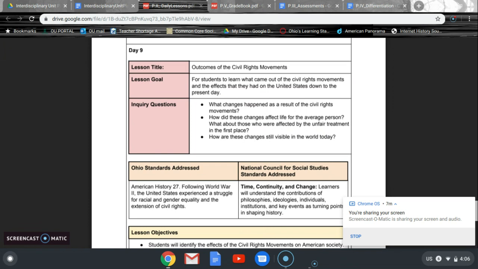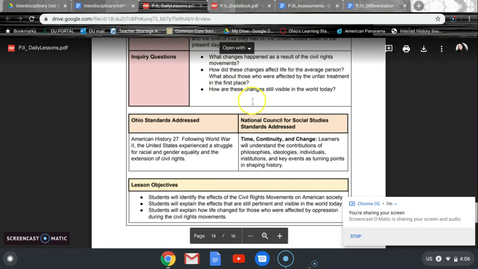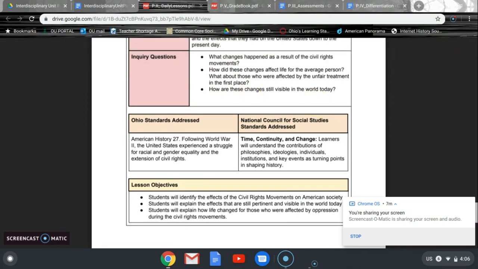And we want students to understand that although these were the rights that were protested for, it isn't fully done yet. The civil rights era of 1965 just didn't make everything perfect. So that's the skills and knowledge that we want our students to realize.